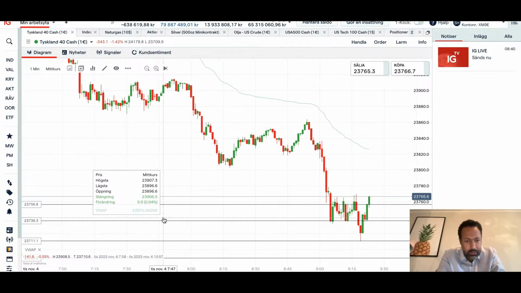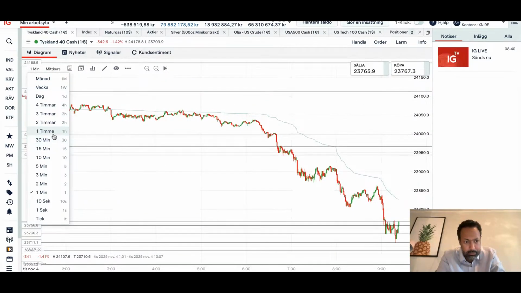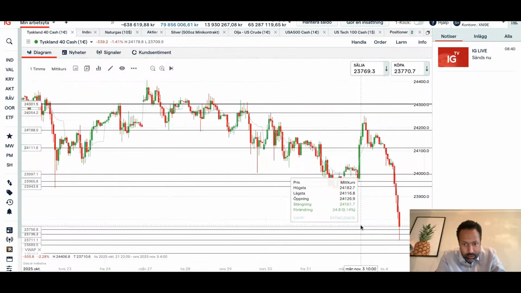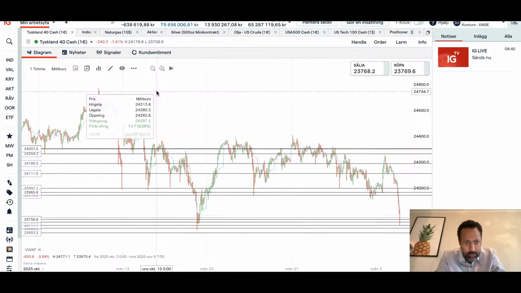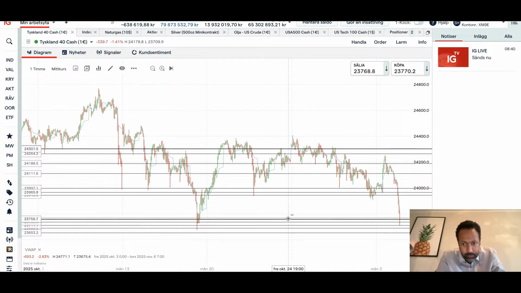Let's see if there's any resistance going back that we might not know of. So where are we at? We're pushing higher. Some resistance there.